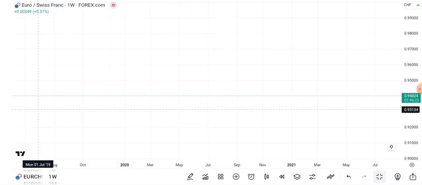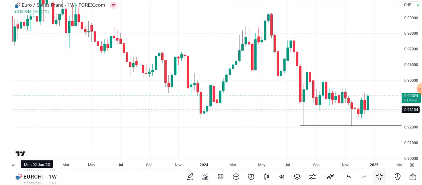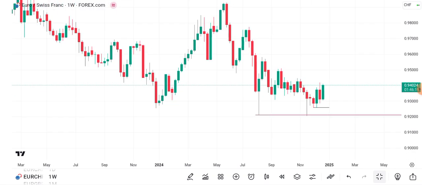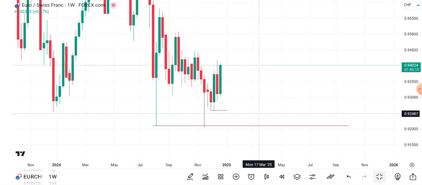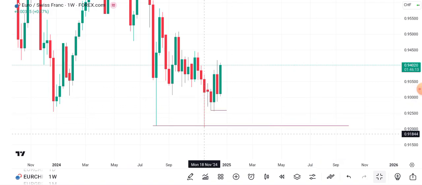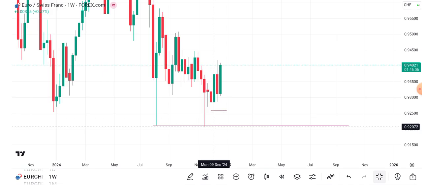On the weekly time frame, what do we have here? ICT has also said that before you could expect a pronounced movement, maybe higher or lower, you should expect a form of stop point.